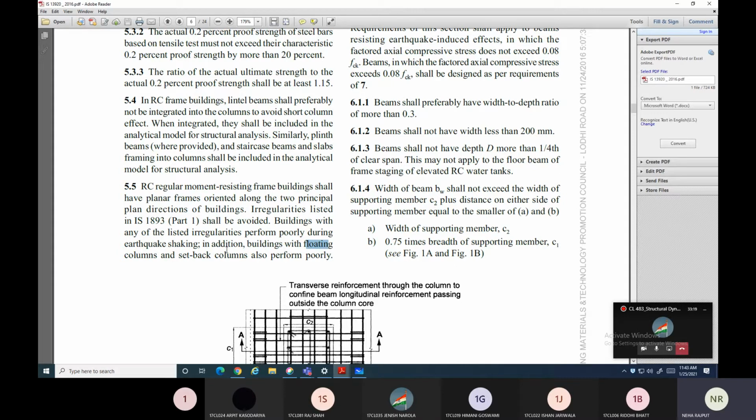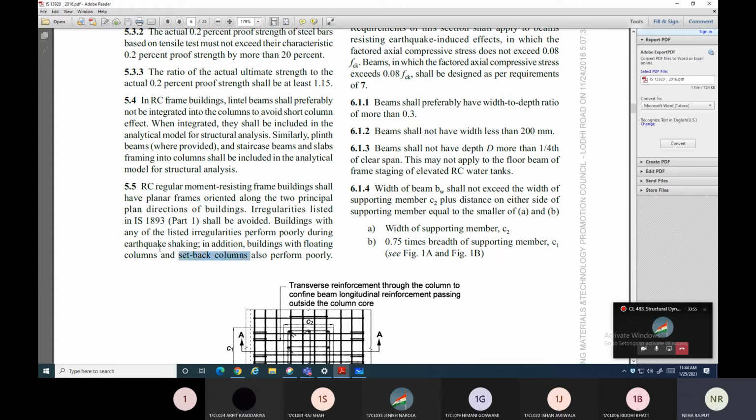So floating columns are sometimes provided for architectural reasons, or sometimes if you want to support one of the intermediate floors. In that case the column is not required at the floors below, but it is required for some particular floor, and if you have cast it, then that column is not good from the earthquake point of view, because the chances of failure for that particular column will be higher compared to a column which originates from the bottom to top.